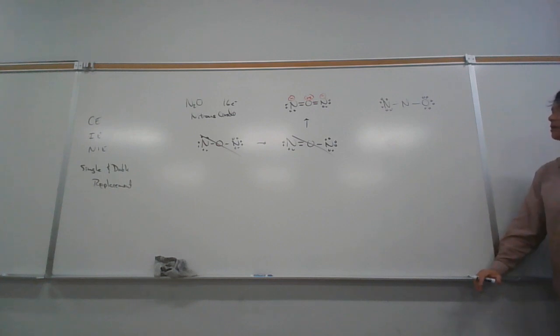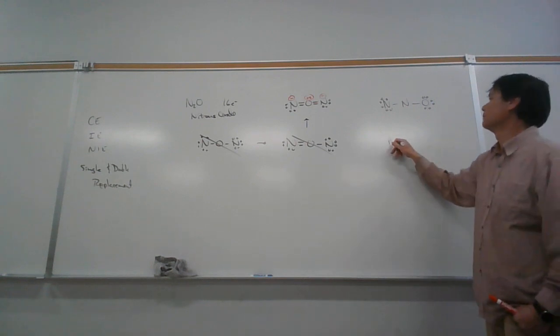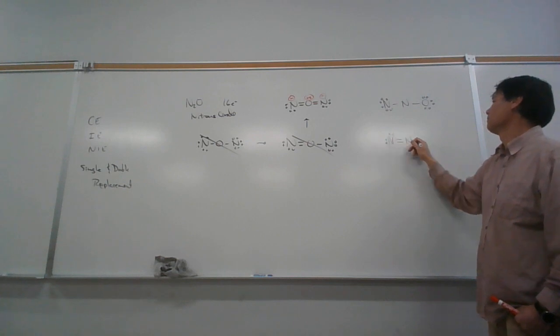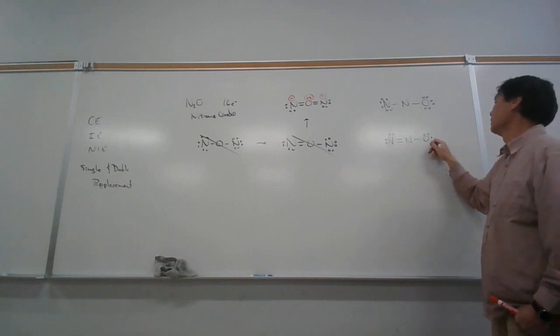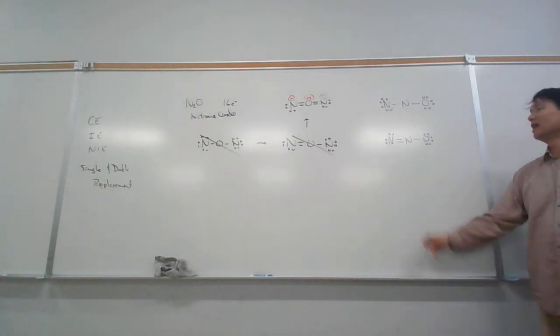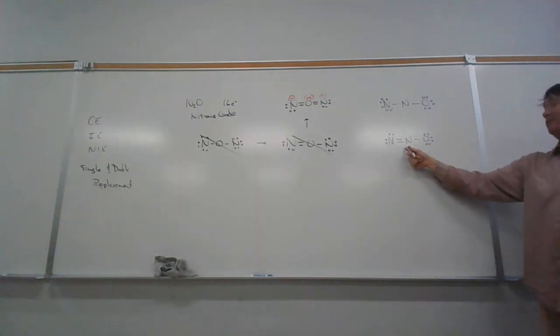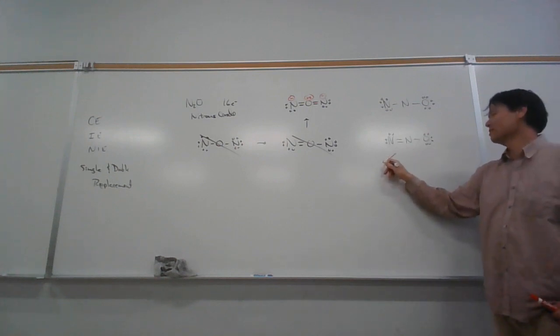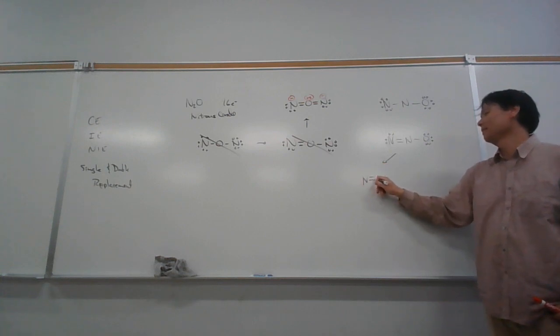And so who's going to sacrifice to make a double bond? Nitrogen sacrifice. Okay, was that enough? All right, now will nitrogen do a double sacrifice, or will oxygen have to? So nitrogen's going to have to sacrifice one more time.